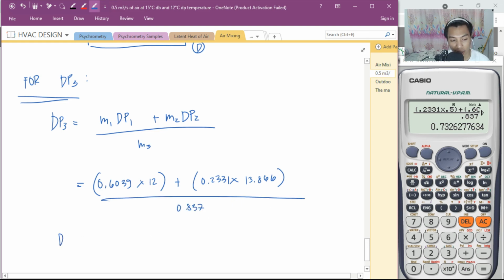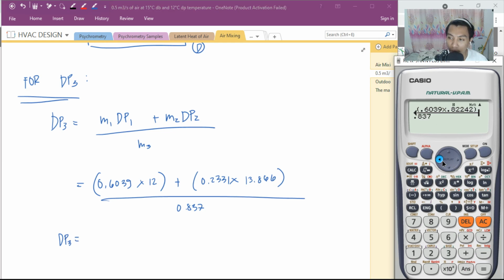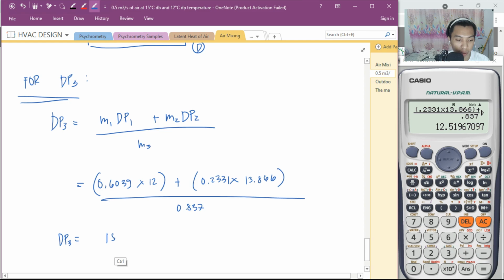Now, the final answer for DP3 is 12.5197 degrees Celsius. That is the dew point temperature.